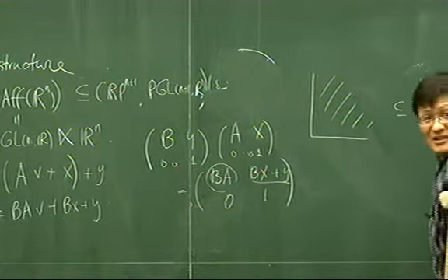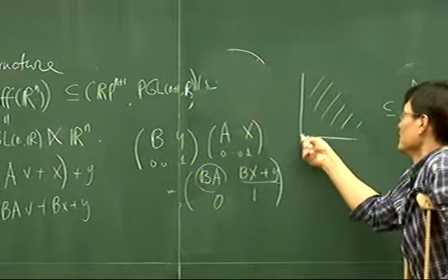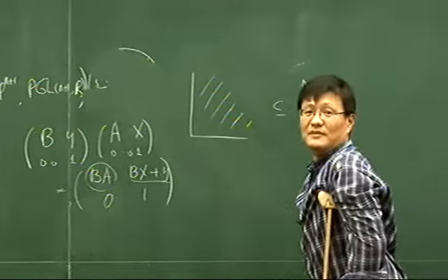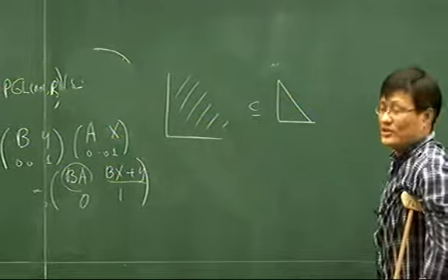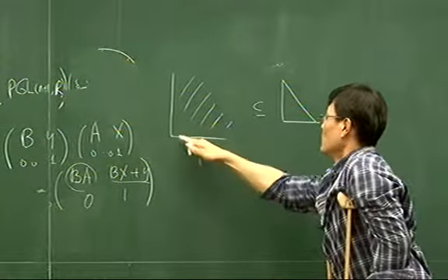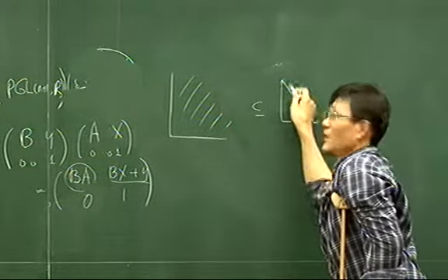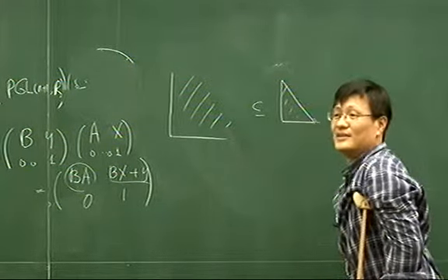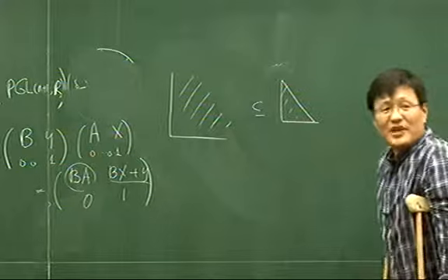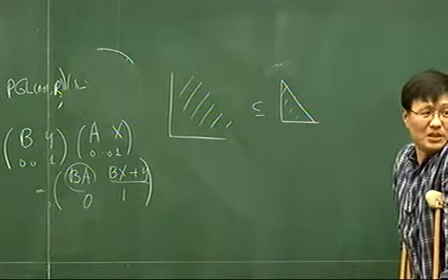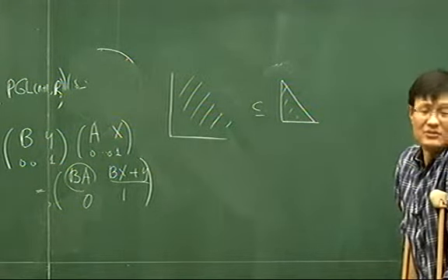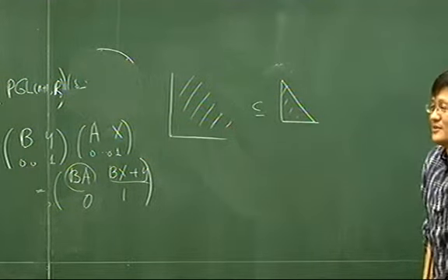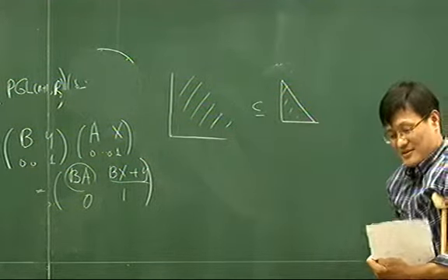In affine geometry, you have lines going to infinity, but in projective geometry all these lines correspond to one point, so you sort of compactify this line. And sometimes it's useful to look at the picture in projective geometry when you study affine geometry.